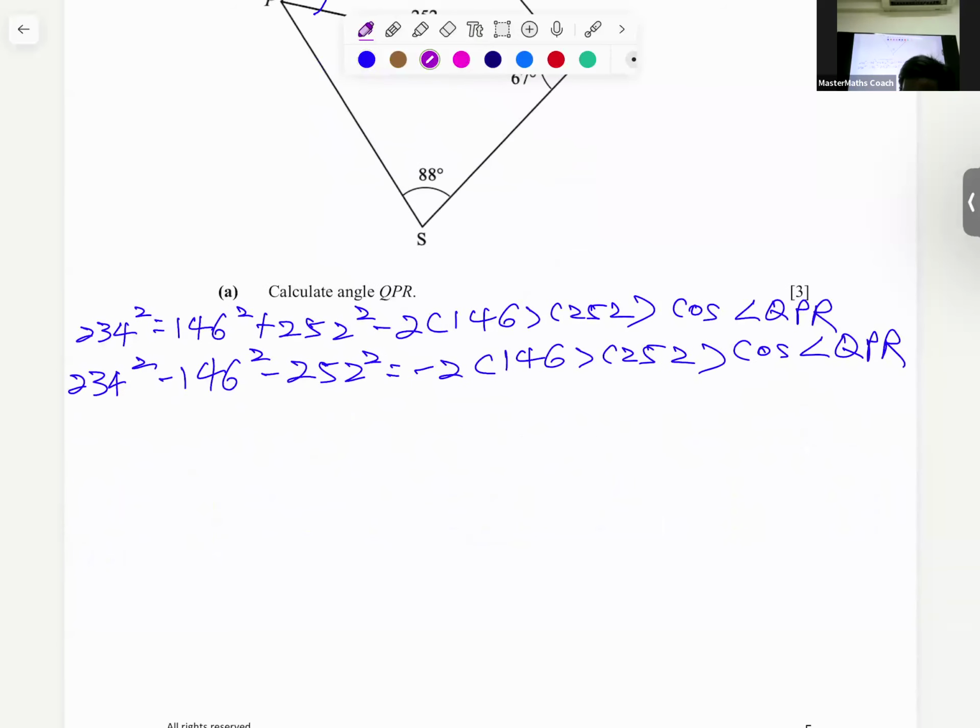Then go and use your calculator. 1879 over 4599 equals to cosine of angle QPR.